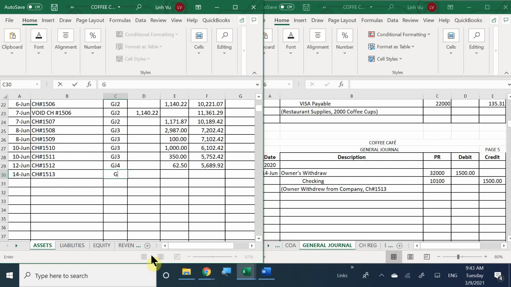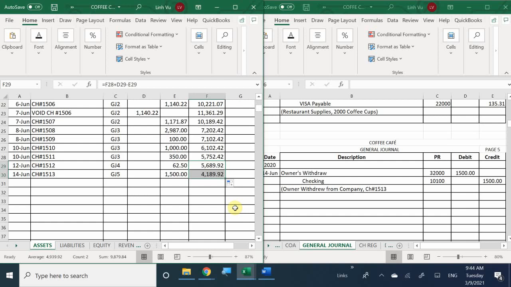I'm having typing issues. And this time we're decreasing our amount by $1,500. So now Bob Mason left the company with just $4,188.92 left.